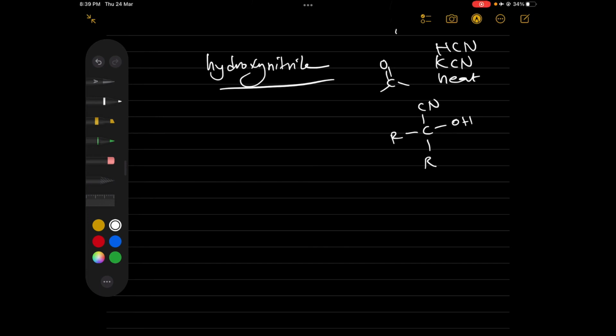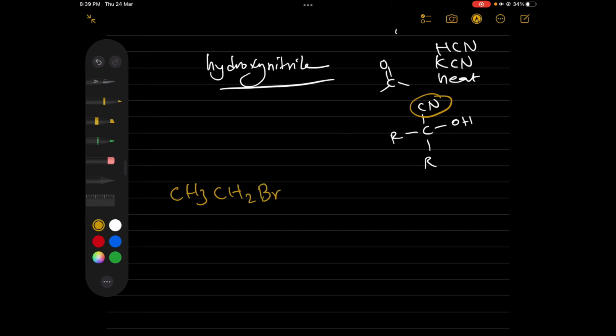Okay, but it's not the only reaction that we can produce the cyano groups. It's not the only one. We have another one. And I just want to recall the reaction of halogenoalkane, for example, like CH3CH2Br.